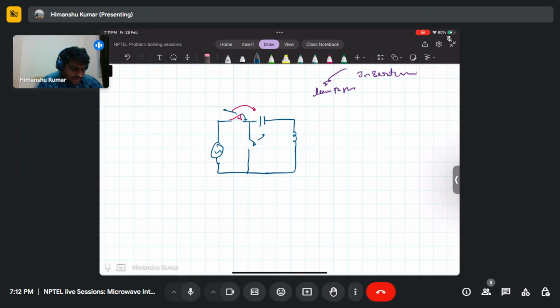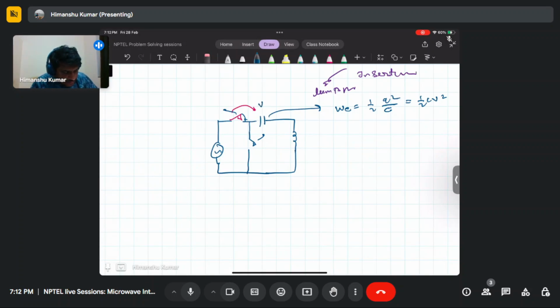When you close this switch, there will be energy stored in the capacitor. The electrical energy stored in the capacitor is half of Q square by C, or half of C V square, where V is the voltage across the capacitor after excitation.